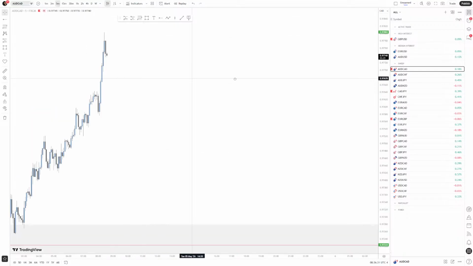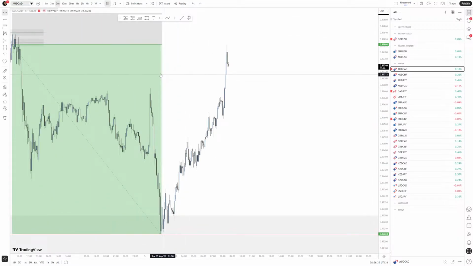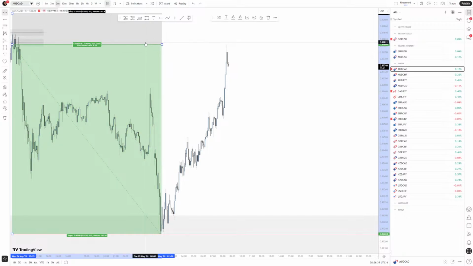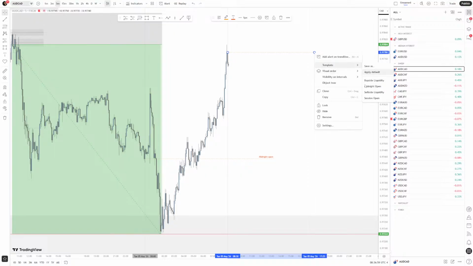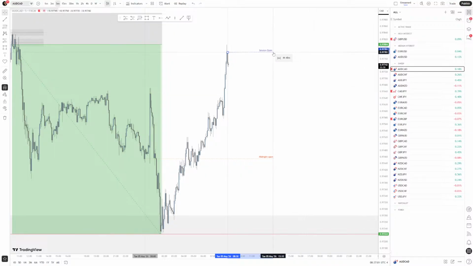I just don't like the order of how it's done things. Midnight is here. 30s here.